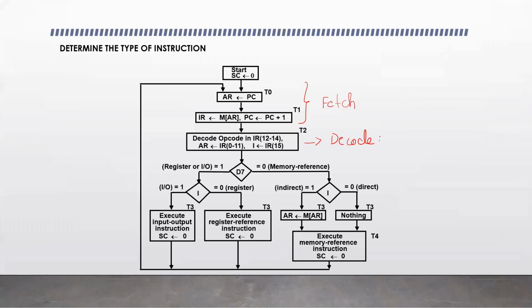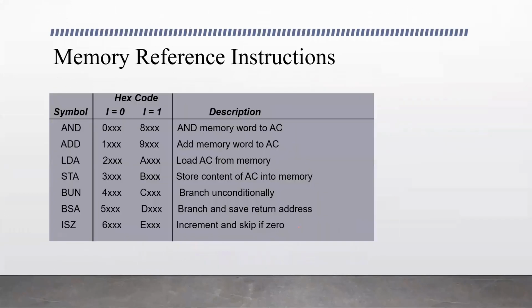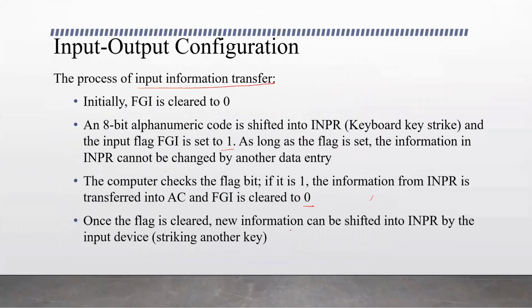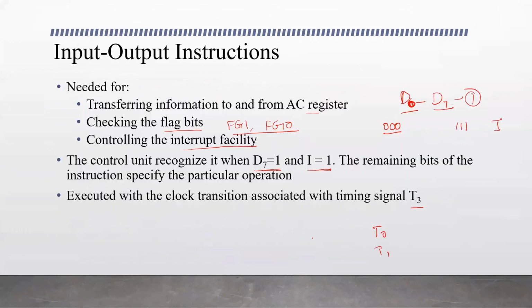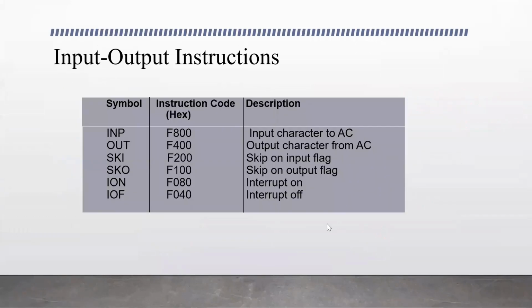The third phase is finding the effective address in case of memory reference instructions. Otherwise, the execution of the input output instruction is done at time T3. So the control conditions are D7 is 1, I is 1, and T3 is 1.